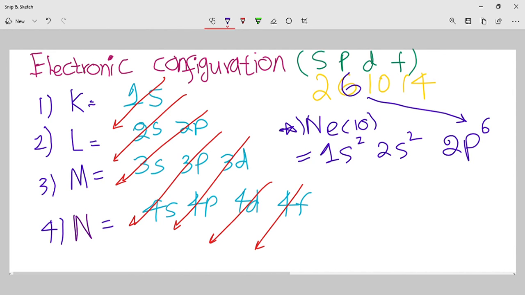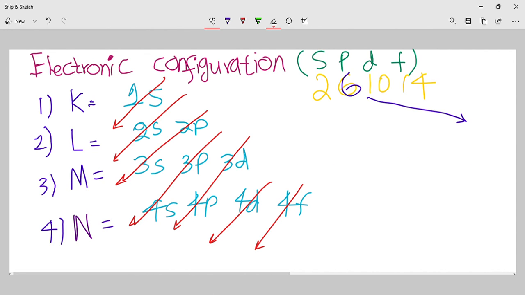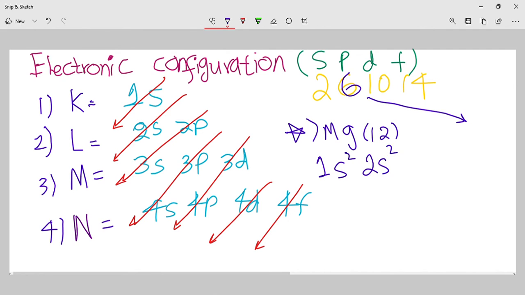Now we will do the electronic configuration of the next element, magnesium, whose atomic number is 12. So we will write 1s2, then 2s2, 2p6. After 2p we have 3s. So now we move to 3s.